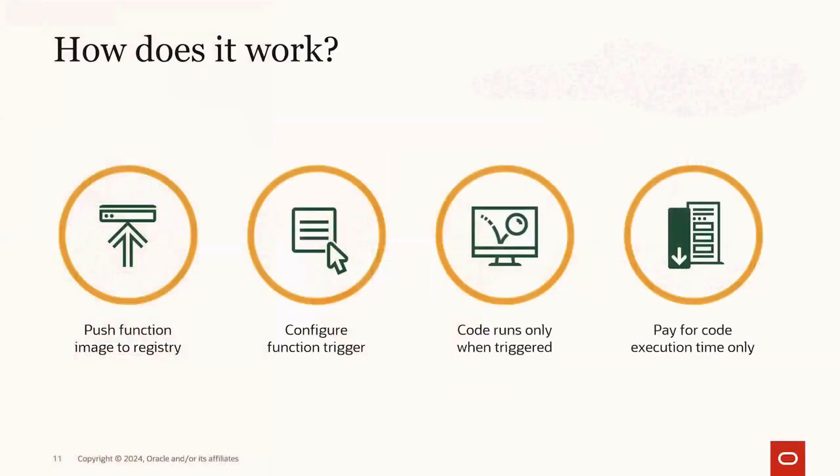So how does this work? Well, the first thing you're going to do is create a container. And this is the best part, because you get to define the requirements. You get to define all of the dependencies that are required for your application, the code you're going to use, create that function and create that container image and push it to the image registry.